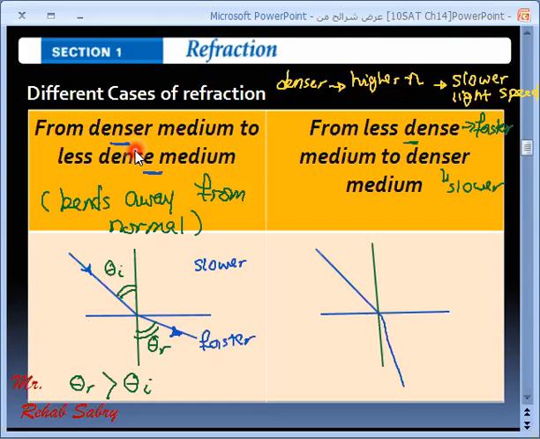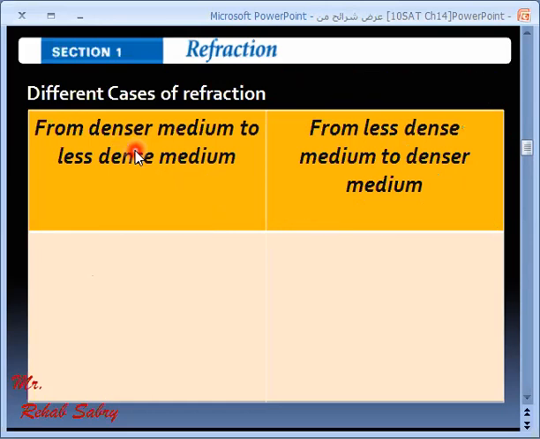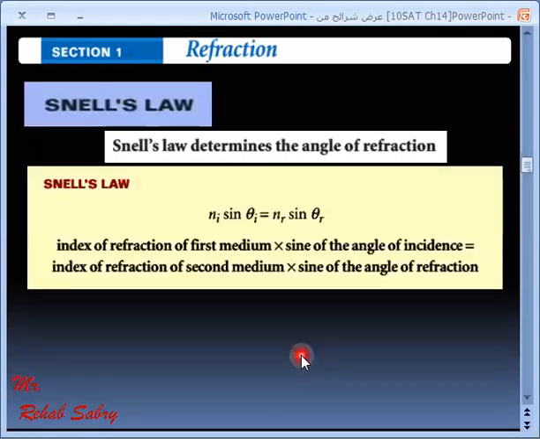Okay, so the angle of incidence theta I will be more than the angle of refraction theta R. This is theta R here. So theta R is less than theta I. So we can say it bends towards the normal. These two cases should be memorized and understood like your name. I know that you memorize, or maybe you don't understand, your name.